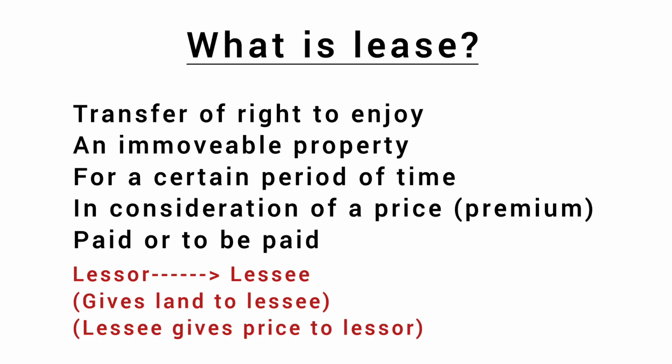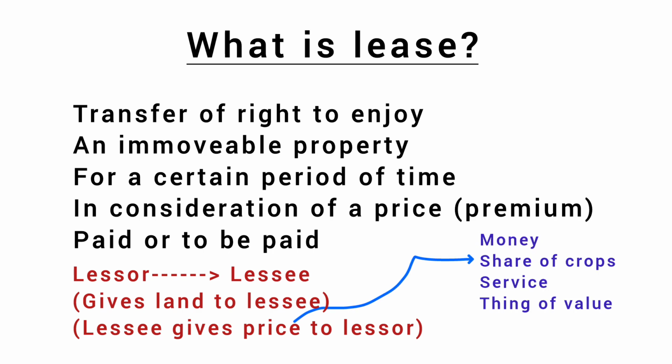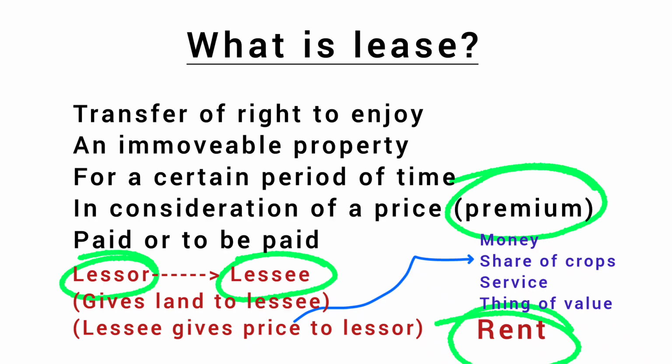The lessee may pay periodically, from time to time, or at intervals, to the lessor. That money or share of crops or service or any other thing of value is also known as rent. So, we have come across four legal terms: first, lessor; second, lessee; premium; and rent.